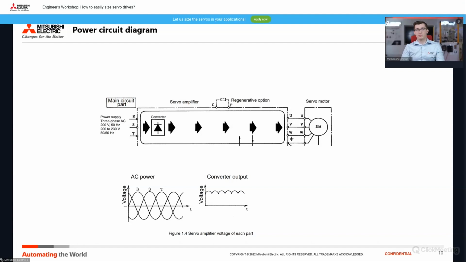The AC power, three phase for example like on this picture, is changed into DC power. But as you can see, this DC power on the converter output is still not smooth. To smooth it, so the voltage will be a straight line, we will need the smoothing capacitor, and this is the second stage of the power circuit.